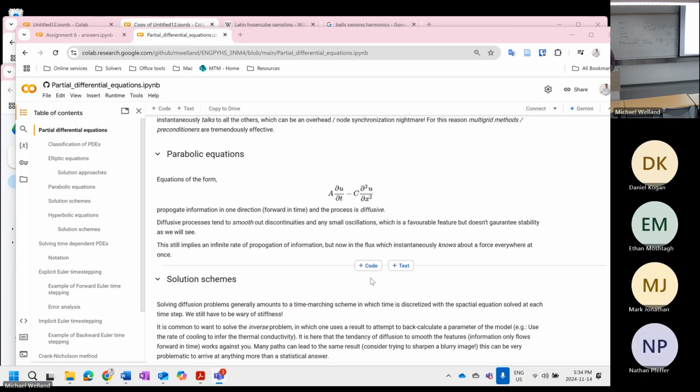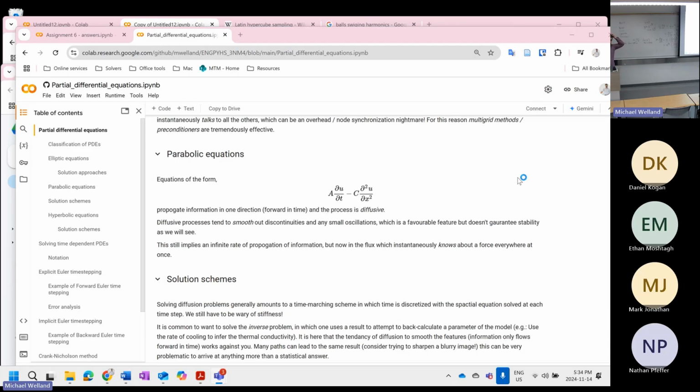Okay. Funny thing about parabolic equations is that they only propagate information in one direction. That one direction happens to be forward in time. So parabolic equations tend to be diffusive processes, heat transport, mass transport, anything like that, anything that smooths out discontinuities.